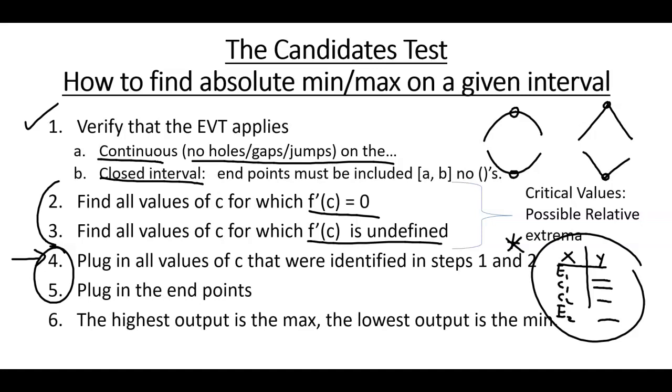The endpoints are kind of obvious because they give them to you. The critical values are the things that you find in steps 2 and 3. While you're writing, I'll just keep talking, but to remind you, we're looking for absolute min and max. Where are they located? Either at the endpoints or at the relative extrema. We put those things into a chart and we see which one actually comes out to be the biggest.